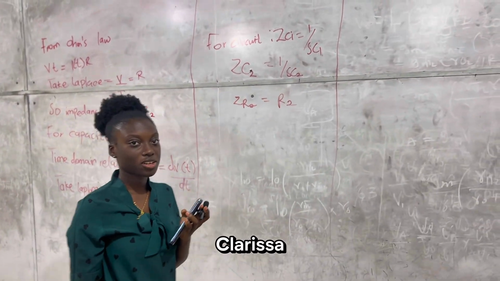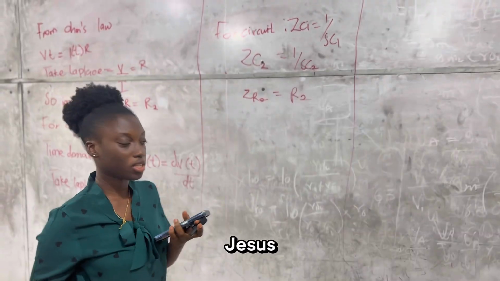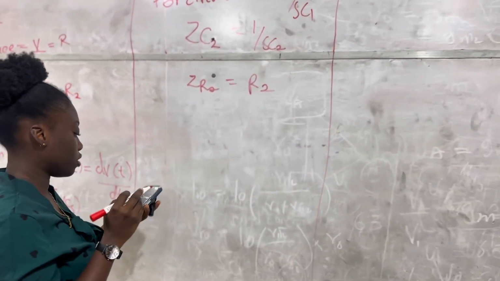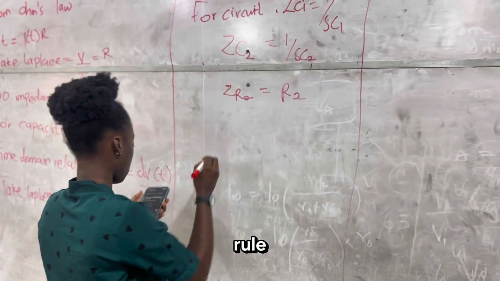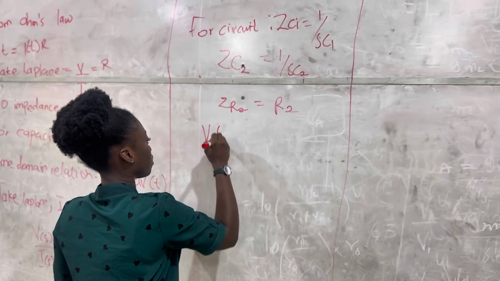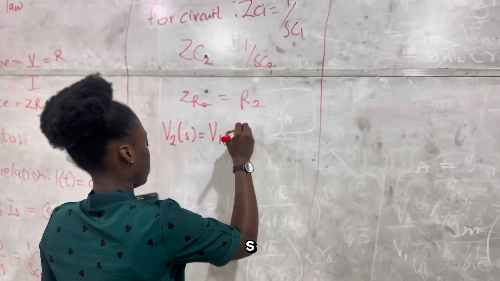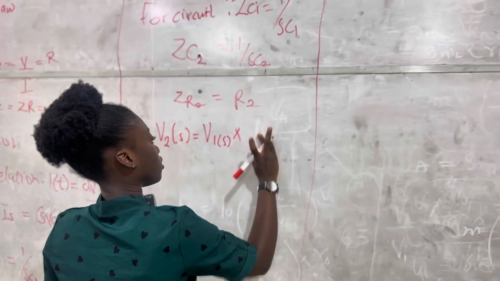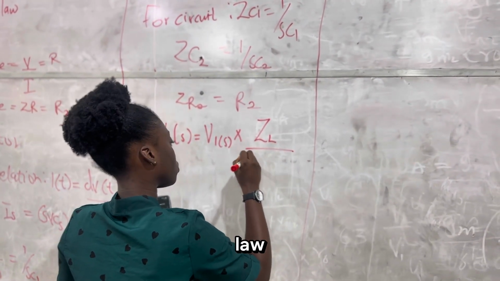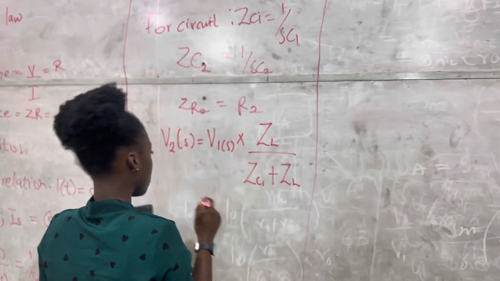My name is Clarissa Chris, and I'll be taking us through the derivation of our load impedance. Our load impedance is derived using the voltage divider rule, which states that our V2 of S is equal to our V1 of S times the impedance of the load over the total impedance.